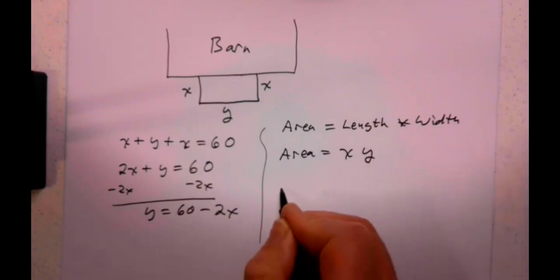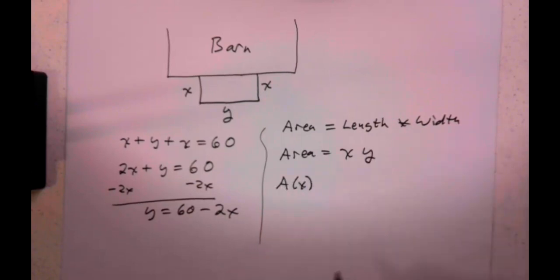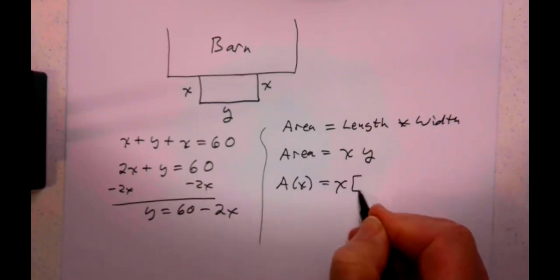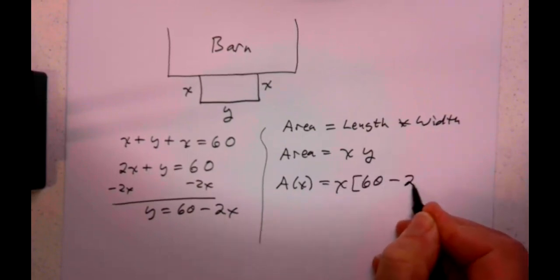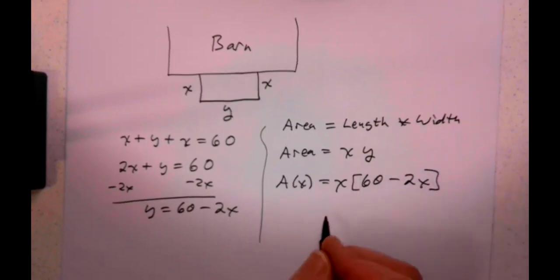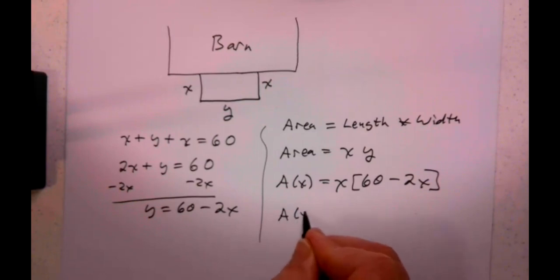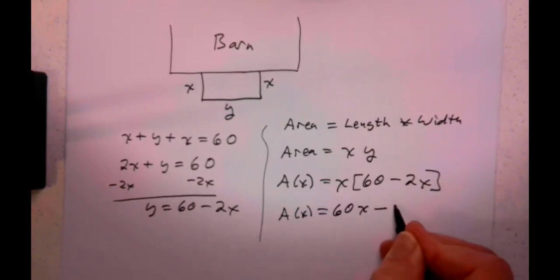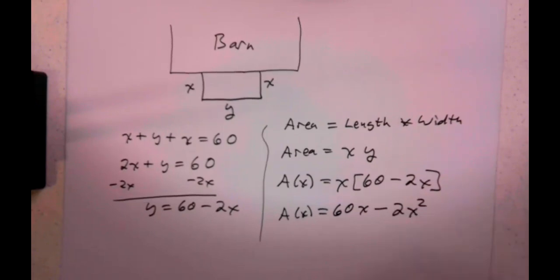But I just want a function of X. I want A to be a function of X. So that would be X times Y, but we know what Y is. Y is 60 minus 2X. So I can distribute the X and I can have area as a function of X. So area of X is 60X minus 2X squared is our area.